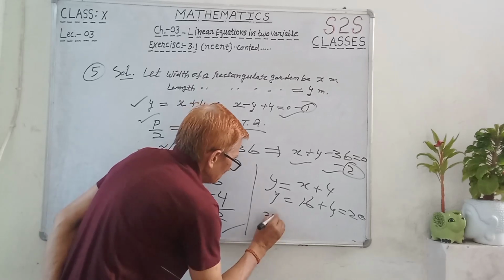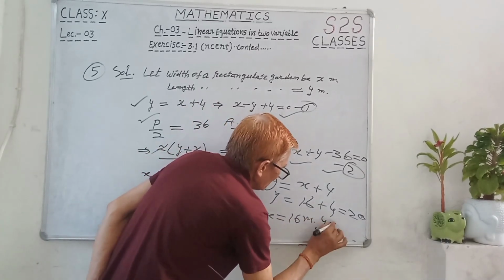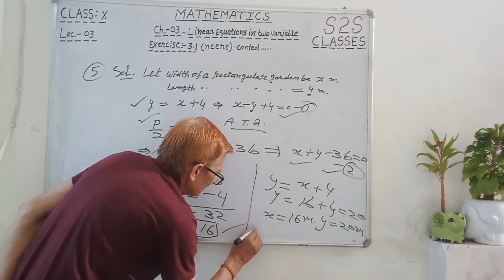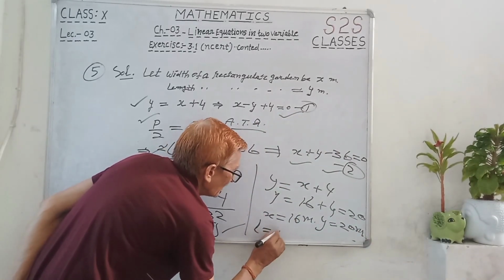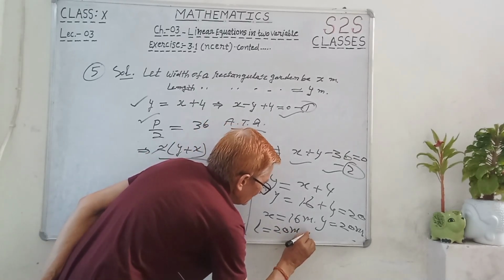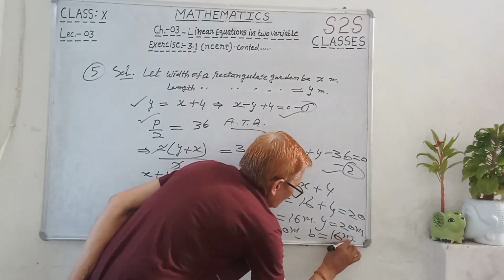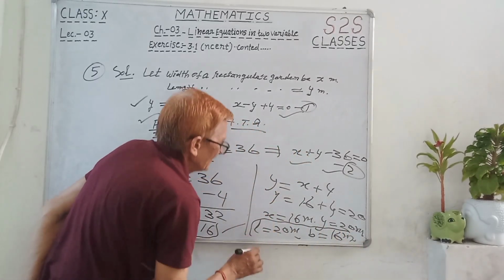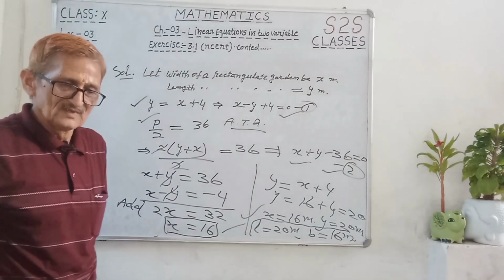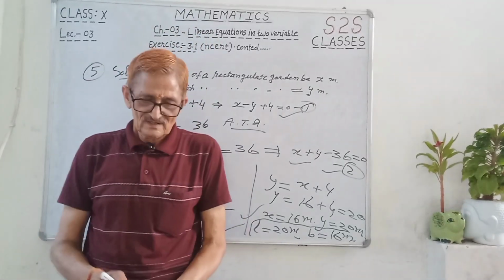So x is equal to 16 meter and y is equal to 20 meter. So the dimensions of the garden: length is equal to 20 meter and width, breadth, is equal to 16 meter. We can write the answer. Okay? Clear that?